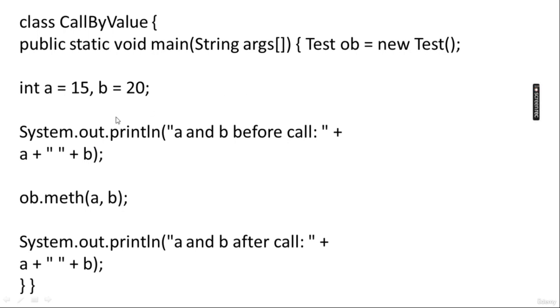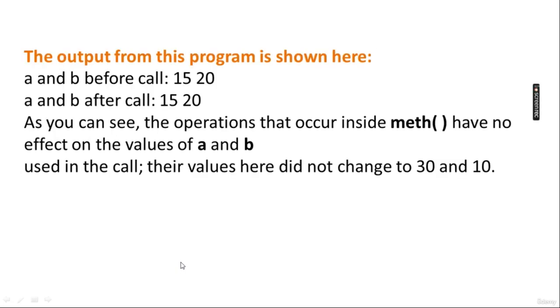Then class CallByValue. Now I'm creating object of class Test. Then int a is equal to 15, b is equal to 20. Before calling the method, the value of a and b is printed, and after calling this method, value of a and b is printed.